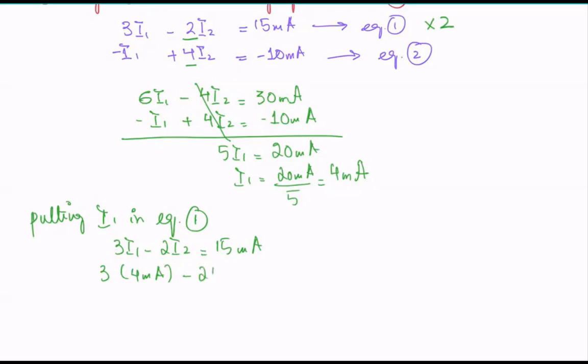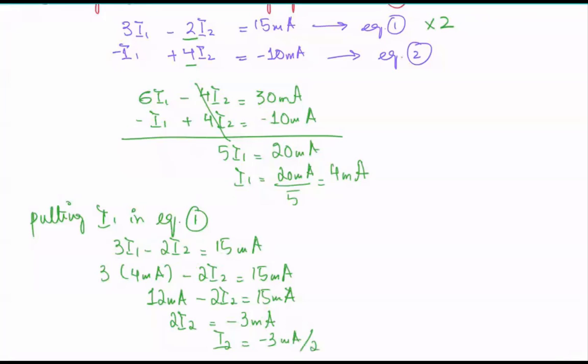Minus 2I2 equals 15 milliamp. 3 times 4 milliamp is 12 milliamp, minus 2I2 equals 15 milliamp. And then 2I2 is going to be equal to negative 3 milliamp, correct? So I2 is going to be negative 3 milliamp divided by 2, so you get negative 1.5 milliamp.